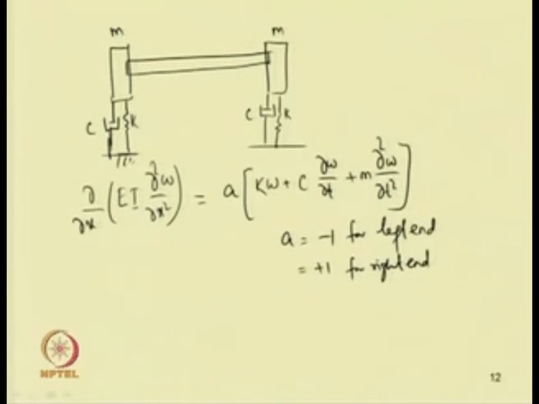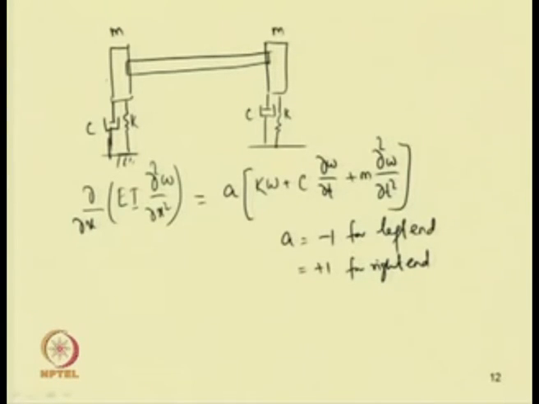So, if one takes the free body diagram of this side, one can show that the shear force will be equal to the inertia force, which is M del square W by del T square, plus the damping force, that is C into del W by del T, and plus the spring force, that is K W. If one takes the right side, the shear force will be positive.